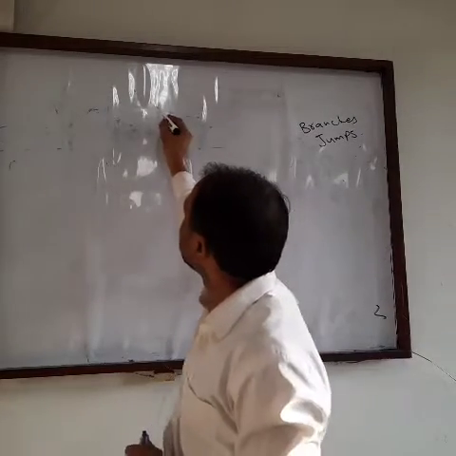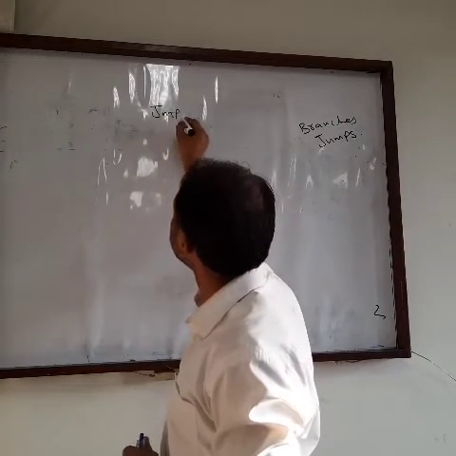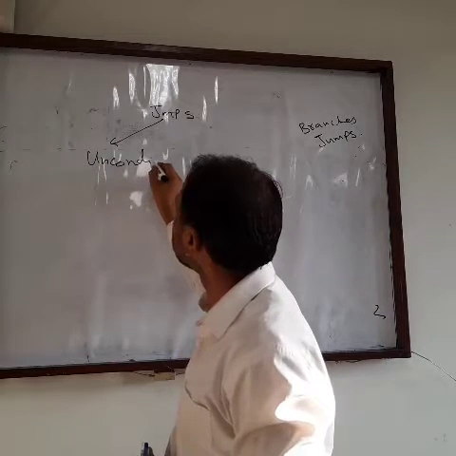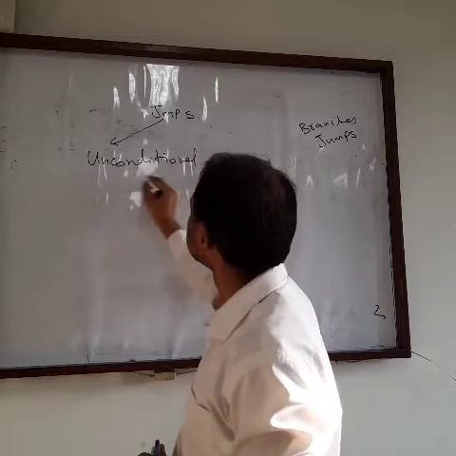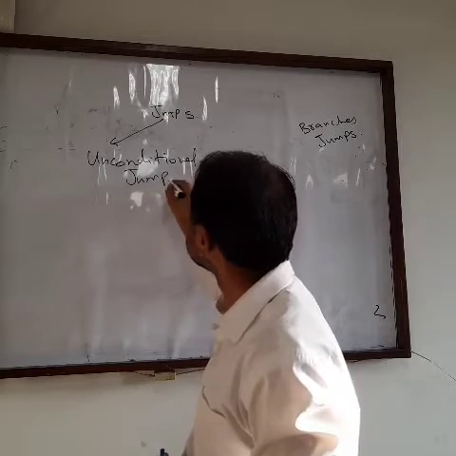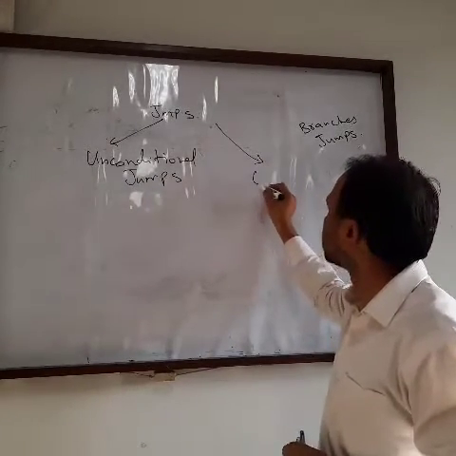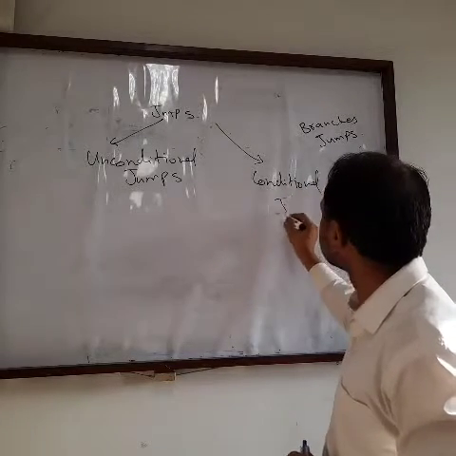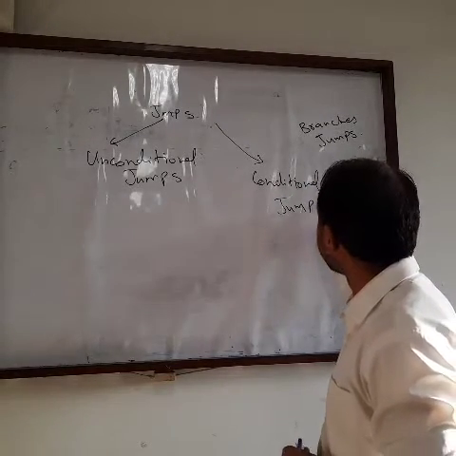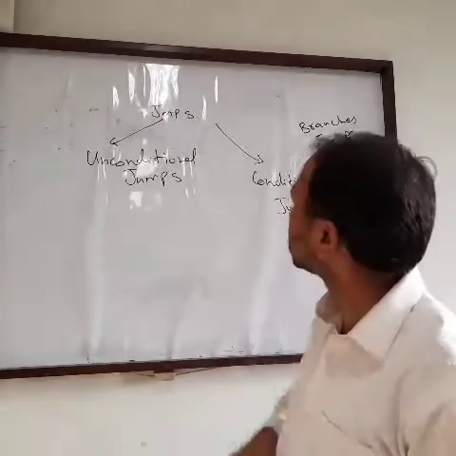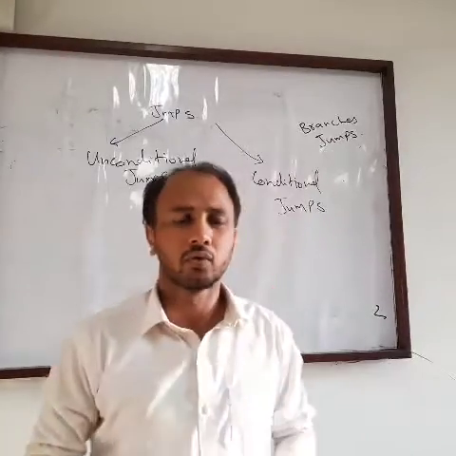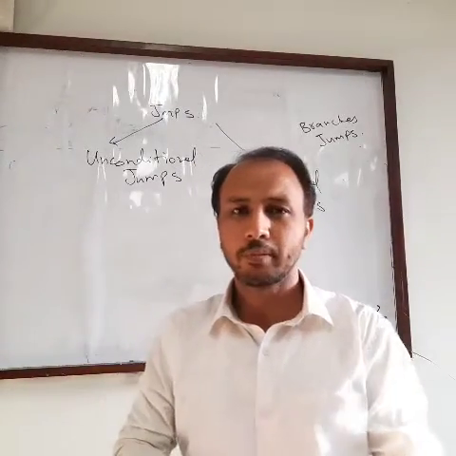We mainly have unconditional jumps and conditional jumps. Any examples of conditional or unconditional jumps in C programming, let's say, or in Java programming?